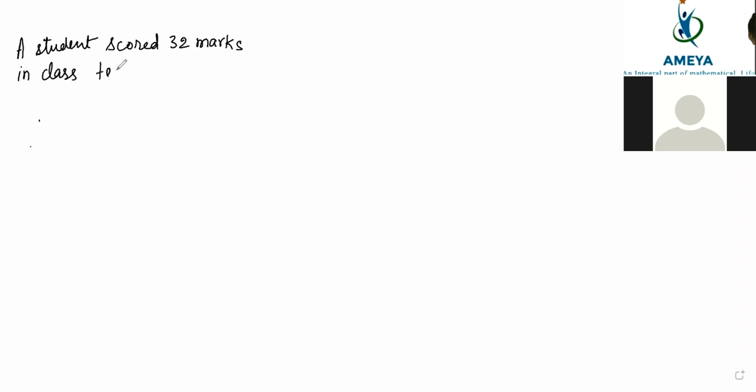A student scored in maths. M, I'm writing, please understand this. It will be self understood that M stands for math and science. So in a class test, the student is scoring exactly 32 in both maths and science.